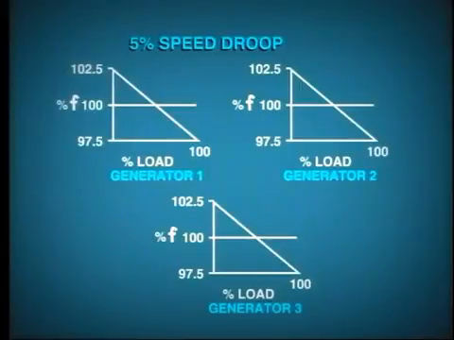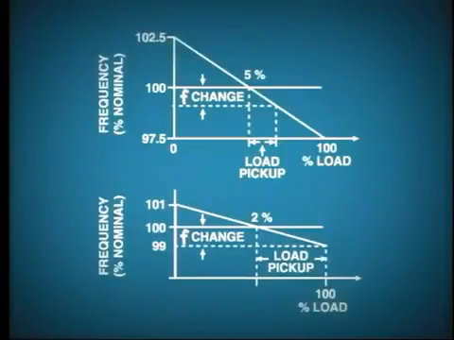If all of the governors on the synchronized generators are set to, say, 5% droop, then they all share in load changes proportionally. However, we may wish to make certain units on the system more responsive to frequency changes than others. This can be achieved by setting the droop characteristic on those units to a lower value.